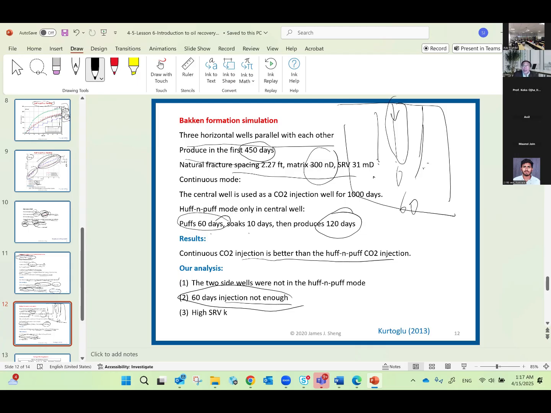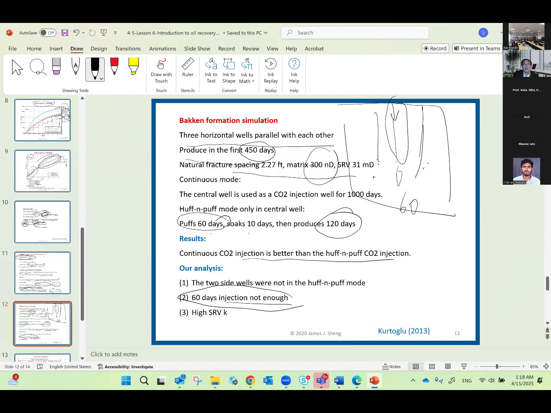Okay, so the reason I use counter examples is to explain why Huff-n-Puff is better. Actually, I use another angle to explain Huff-n-Puff is better. In some cases, if you find Huff-n-Puff performance is not as good as continuous or gas flooding, you need to explain why. You need to analyze. It is not because Huff-n-Puff does not work.